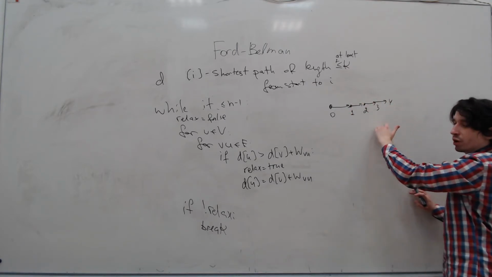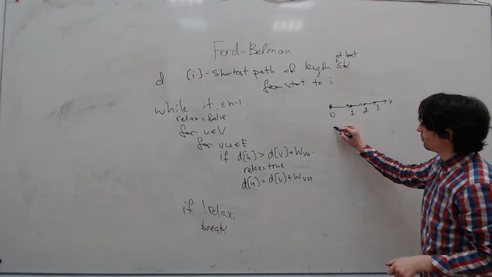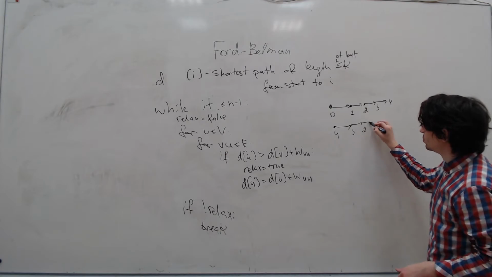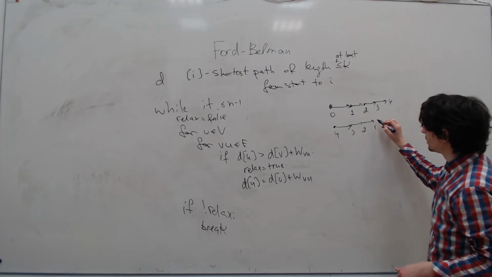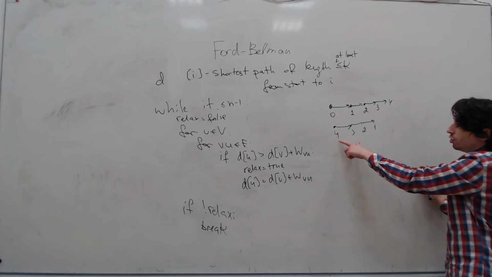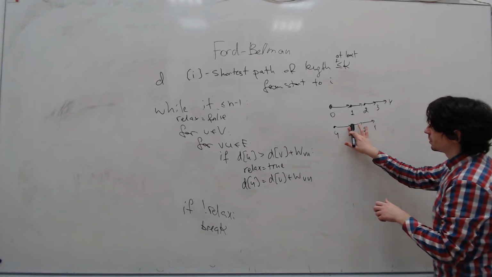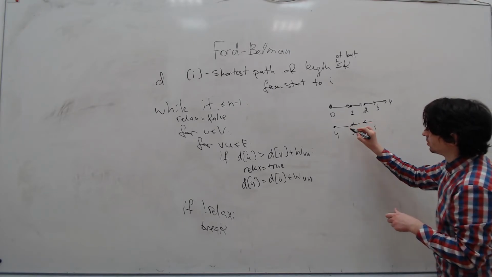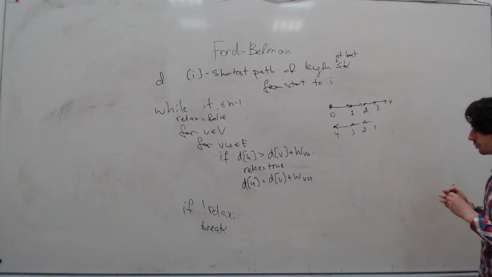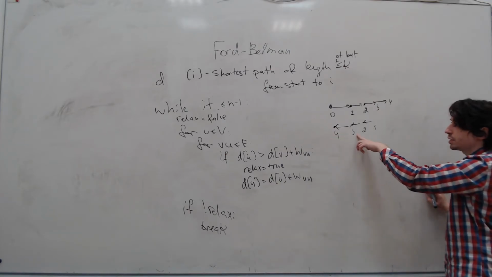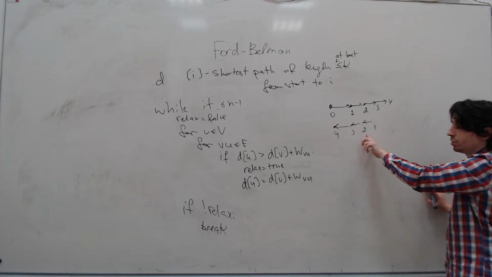However, if you're unlucky and your graph looks like that, 4, 3, 2, 1, sorry, the edges should be in a different direction. We try to update 4, nothing happens. Update through 3, nothing happens. Update 2, nothing happens.